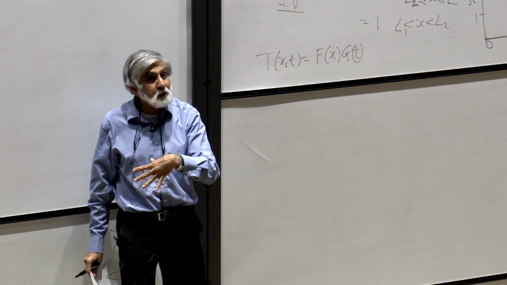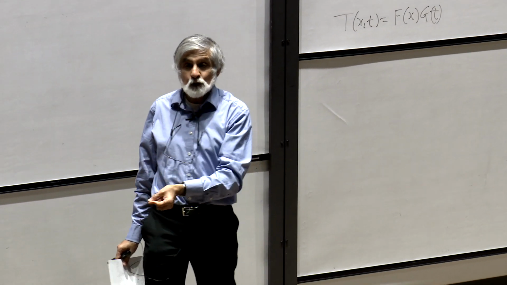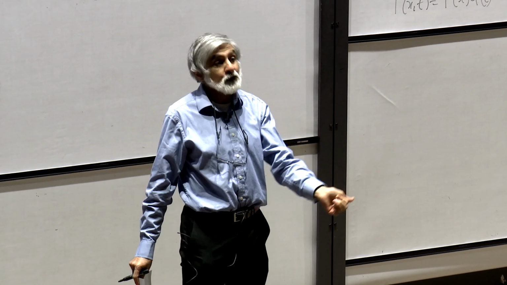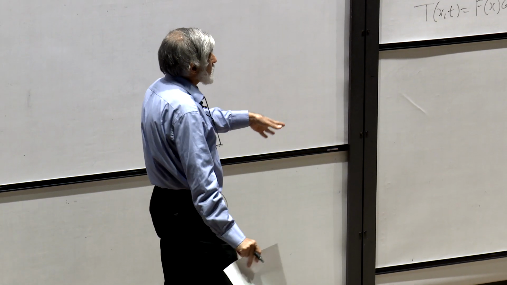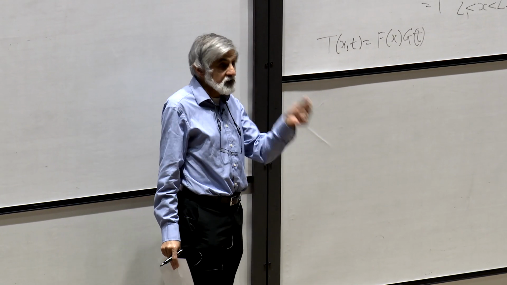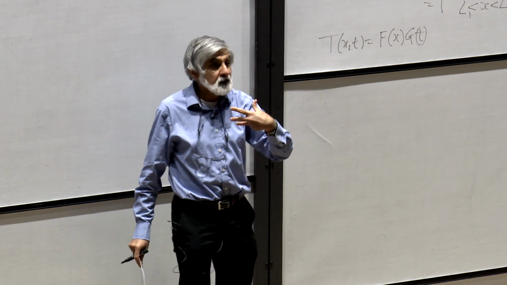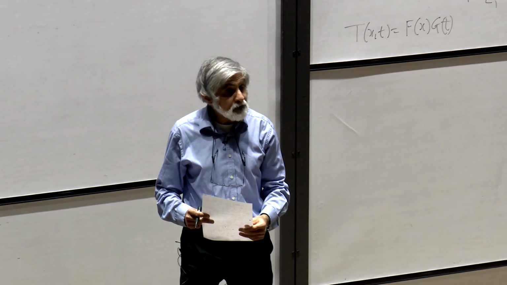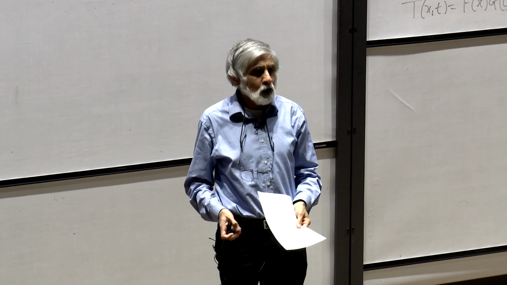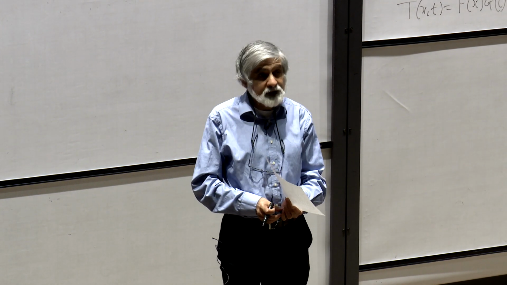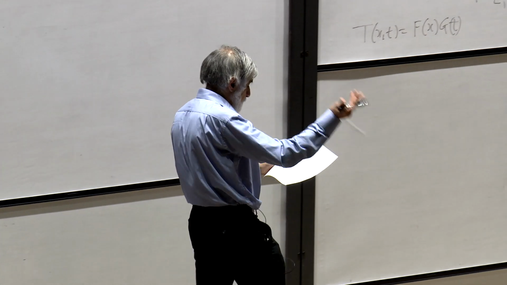If that constant is positive, you get hyperbolic cosines and sines, and the boundary conditions mean they're 0. If the constant is negative, you get sines and cosines, and the boundary conditions mean that the only non-zero solution you can get is sines. Okay, so it's the usual thing.